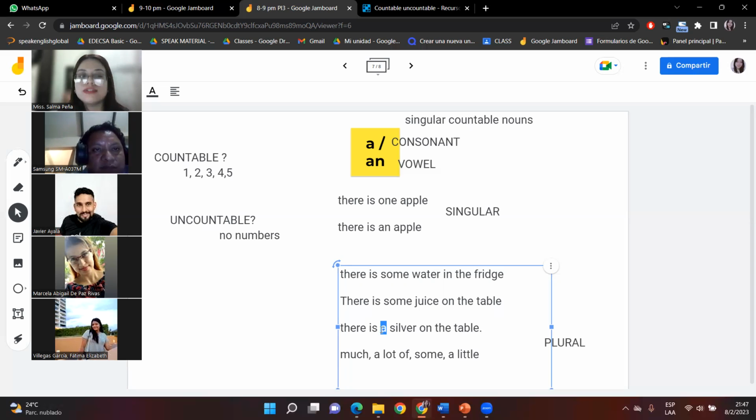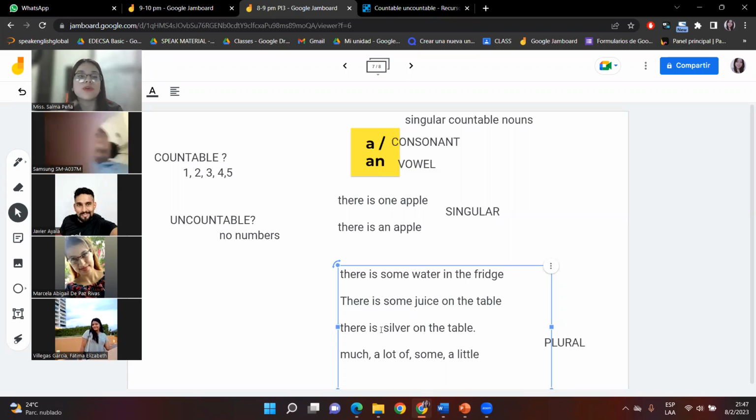Okay, just every single time remember, a and an can only be used with singular countable nouns. Solo lo pueden ocupar con los elementos contables singulares. A veces nos podría confundir de que las dos expresiones a y an se pueden ocupar con los incontables porque lo tomamos como un todo, como un pastel, una pizza, un pan.